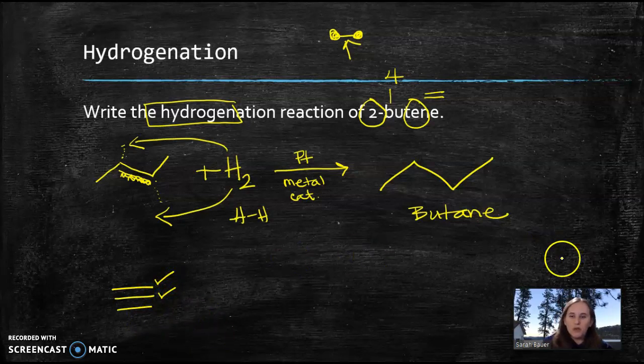We don't do it in 2 separate steps, but it's going to take 2 molar ratios of hydrogen. So it took 1 mole of hydrogen to saturate the double bond, but here I would want to have a 2 in front of that. But other than that, everything else would really be the same.